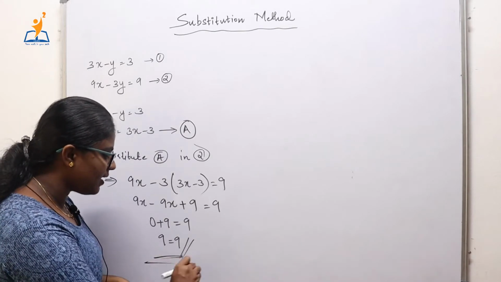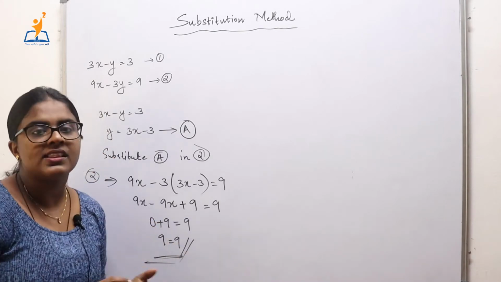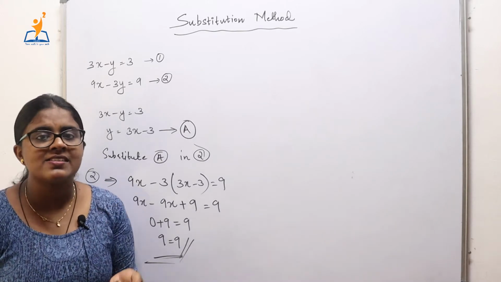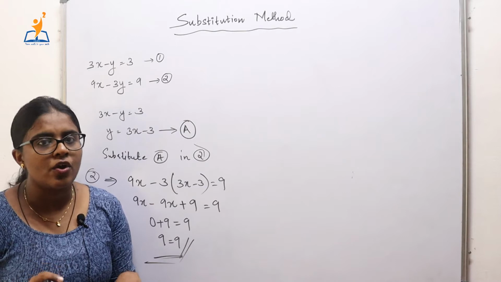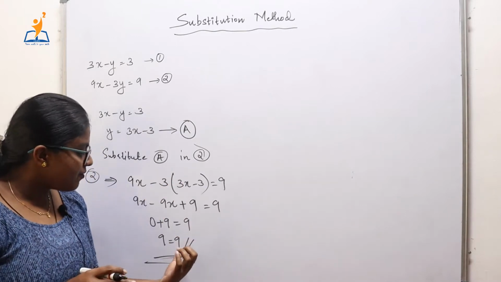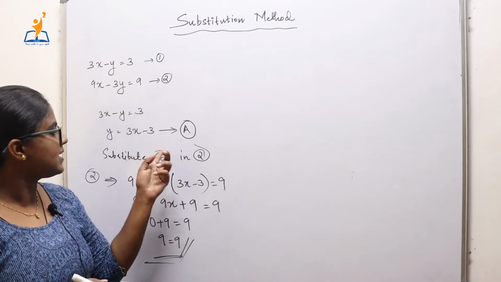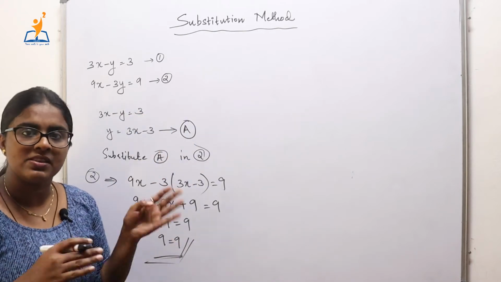We know that 9 equal to 9 is true, but here the variable x is getting eliminated. In the previous examples, the variables were not getting eliminated. Then, once the value of x was found, we would substitute it here and find the other variable, that is y.